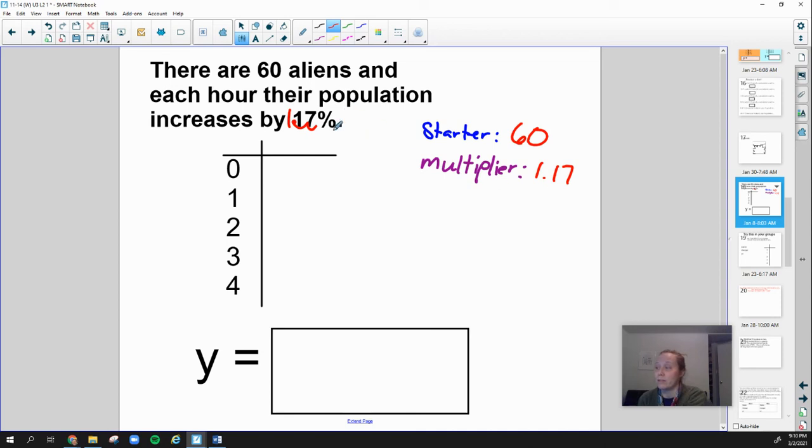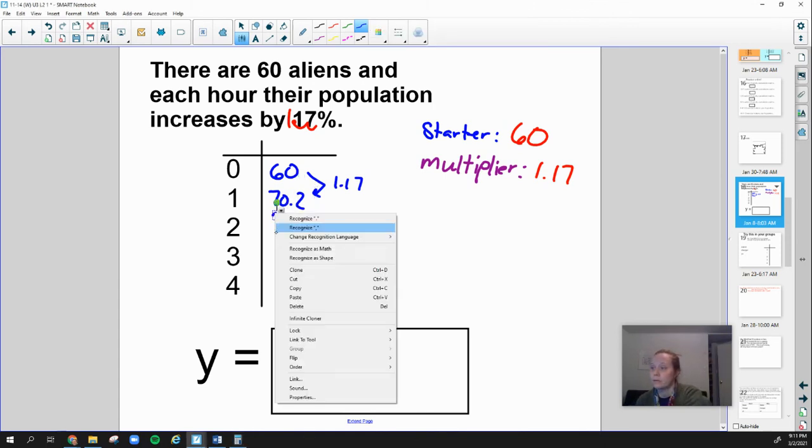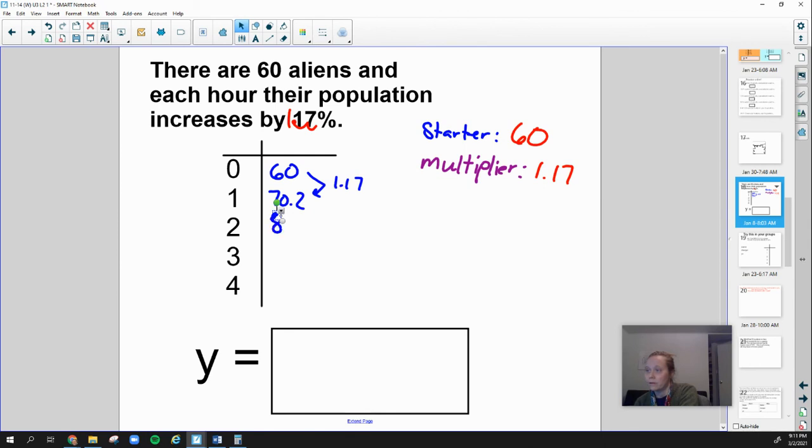So we're starting here at 60, and we multiply by 1.17. I'm going to take my handy dandy calculator, go 60 times 1.17, and I get 70.2. And then times 1.17 is 82.1, and so on and so forth.